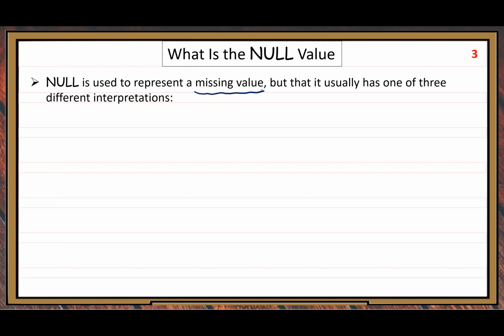But that is usually one of three different interpretations. Let's look at these three. The first one, unknown value. Its value exists, but is not known. For example, for a student ID, a student number, when the data is entered, it's not available, we couldn't get that ID number.